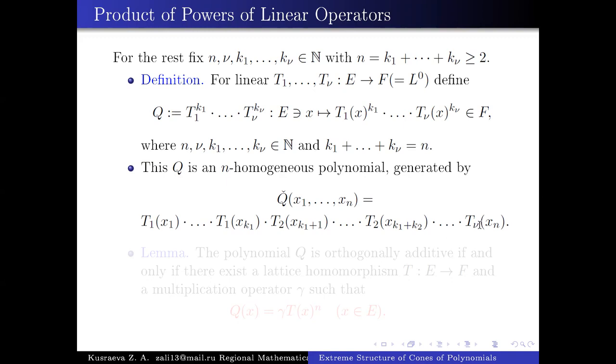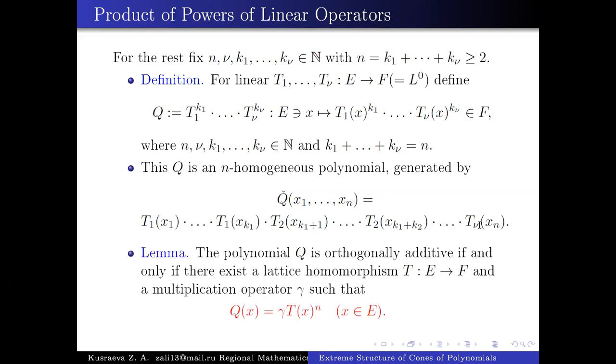And it's easy to ensure that this Q hat is a generating multilinear operator for a given Q. One has just, like before, to take all arguments equal to X. And now the following lemma says that this class of polynomials is strictly broader than the class of powers of lattice homomorphisms.